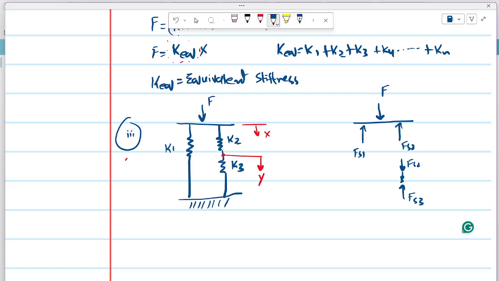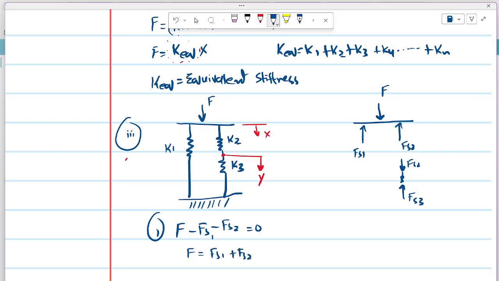Now we can write the equations. The first equation is F minus Fs1 minus Fs2 equals 0, or F equals Fs1 plus Fs2.